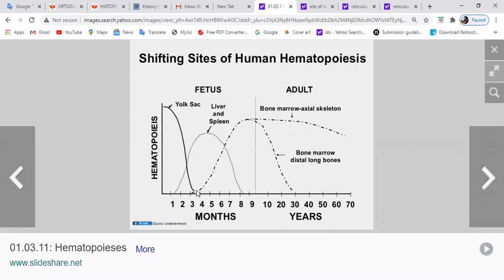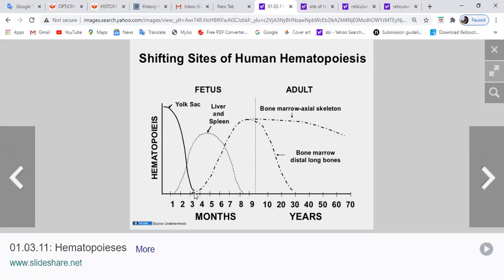The yolk sac is not producing the cells at all. Then after 1.5 months, there is a start of hematopoiesis in the liver and spleen, right? And around 4 to 5 months, it shows the maximum hematopoiesis.